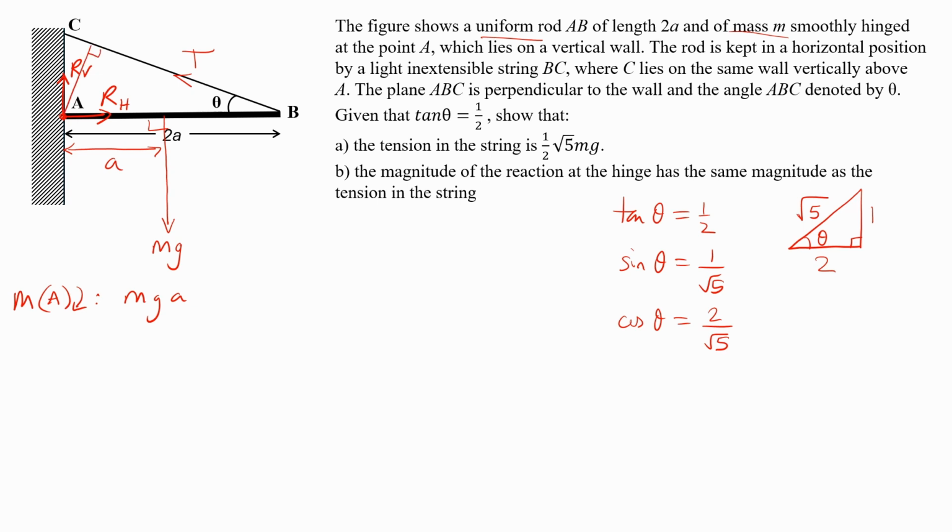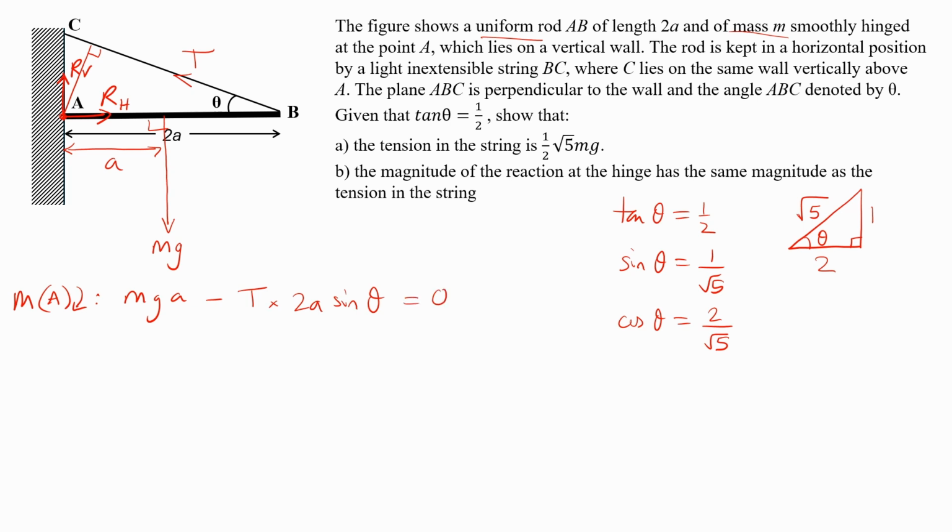So we've got to get the perpendicular distance. And as we can see, this is going to be 2a sine theta. So the moment about A is going to be minus T times 2a sine theta. And the sum of these moments, because it's in equilibrium, is going to be 0.